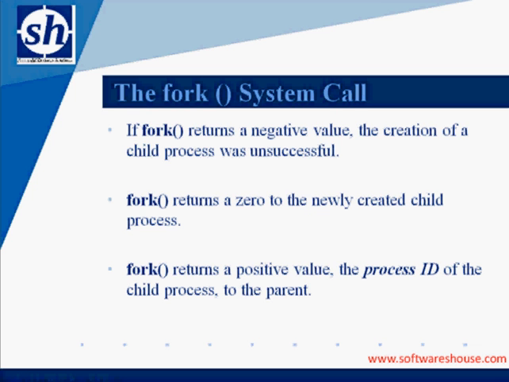This can be done by testing the returned value of the fork system call. If the fork returns a negative value, the creation of the child process was unsuccessful, or in other words, the child is not created at all.